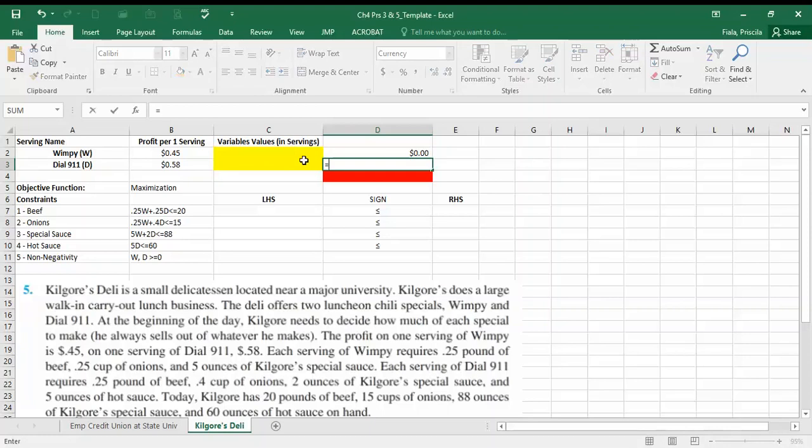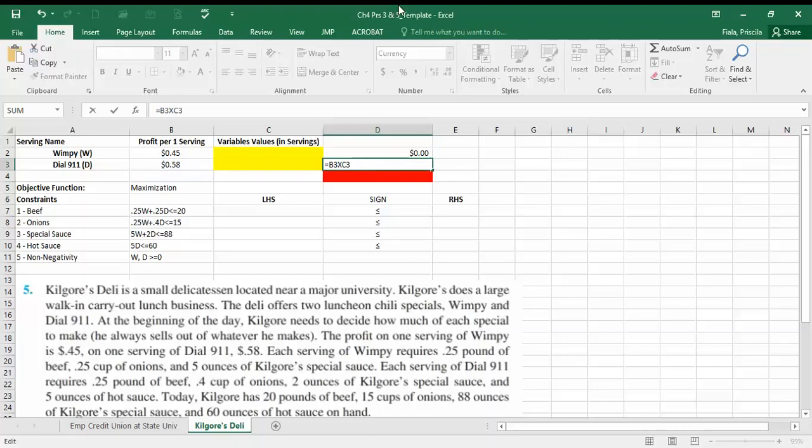And then here we have 0.58 cents per serving times whatever it defines as the optimal value for servings. Right now it's telling me I did something wrong, because B2 times C2 and then, oh, not plus. I made a mistake. It's good these things happen so I can double check.